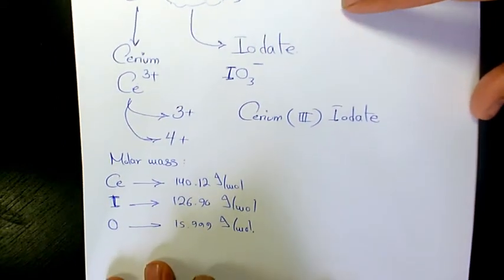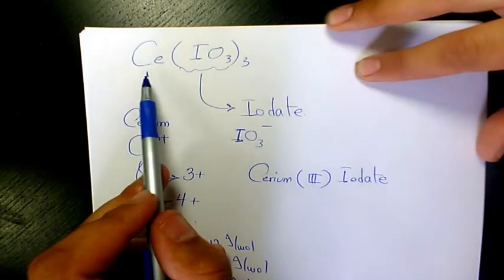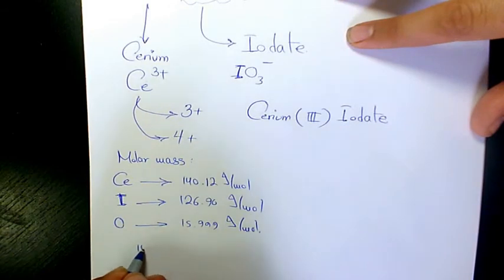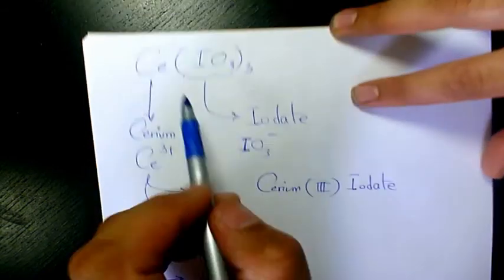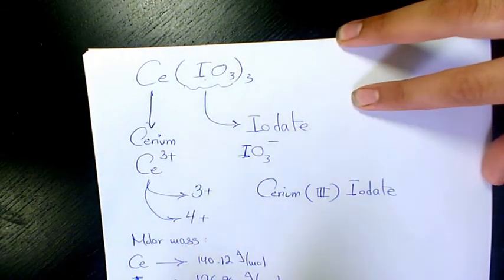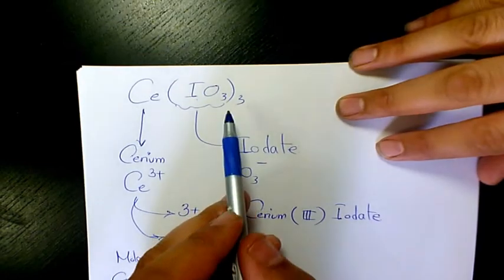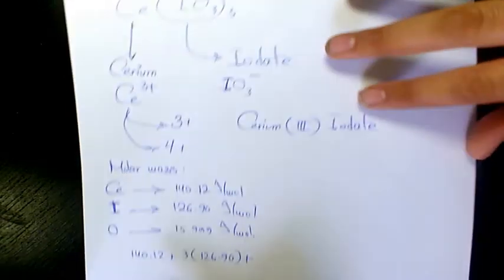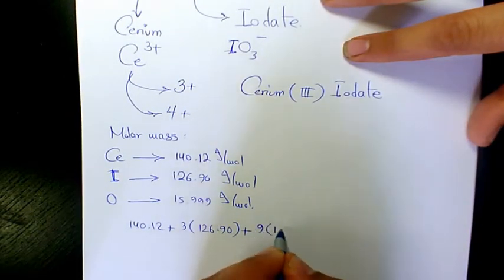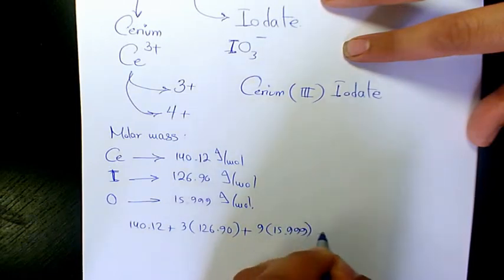Then we find out the molar mass of the compound. We have one cerium, so it's going to be 140.12 plus. We have 3 iodine, so we have 3 times 126.90, plus we have 3 times 3, 9 atoms of oxygen, so 9 times 15.999.